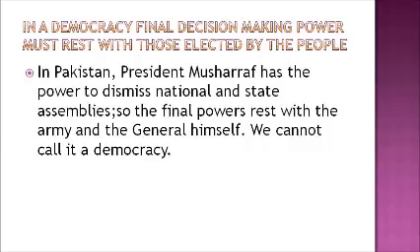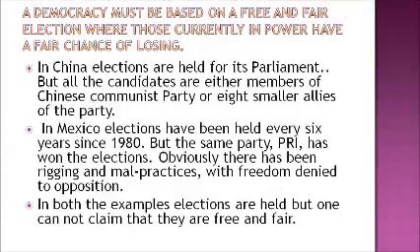We have some examples of China and Mexico, where the rulers come from a particular party. Like in China, there is a Communist Party, and all the candidates are either members of the Chinese Communist Party or eight smaller allies of the party.